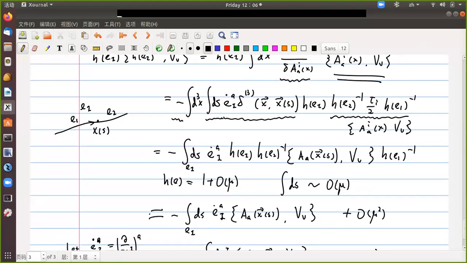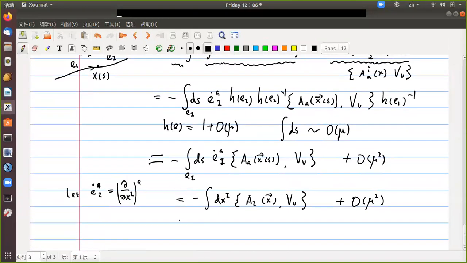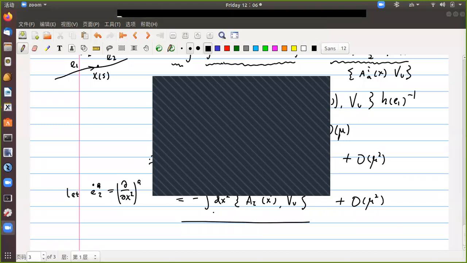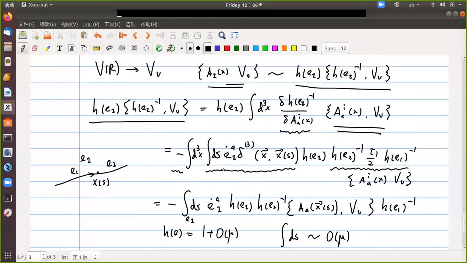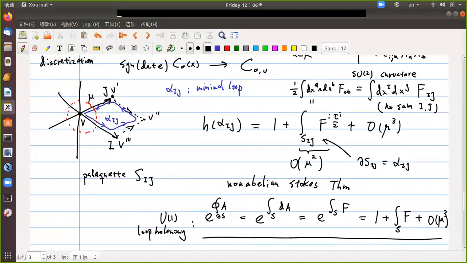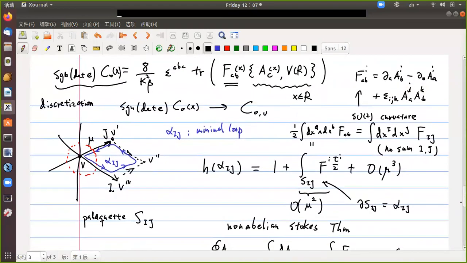Okay, so you see that, as I promised, this quantity, the holonomy inverse Poisson bracket with volume, in the continuum limit just gives you the Poisson bracket between A and the volume integrated along the edge, integrated along the coordinate axis. Okay, so now we get the second relation, how to deal with the second building block of this Poisson bracket. Now we can plug in this relation.